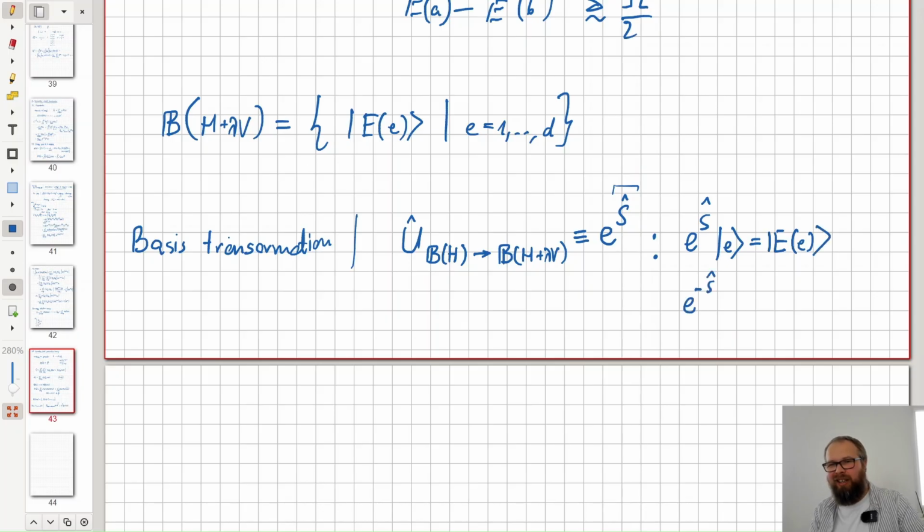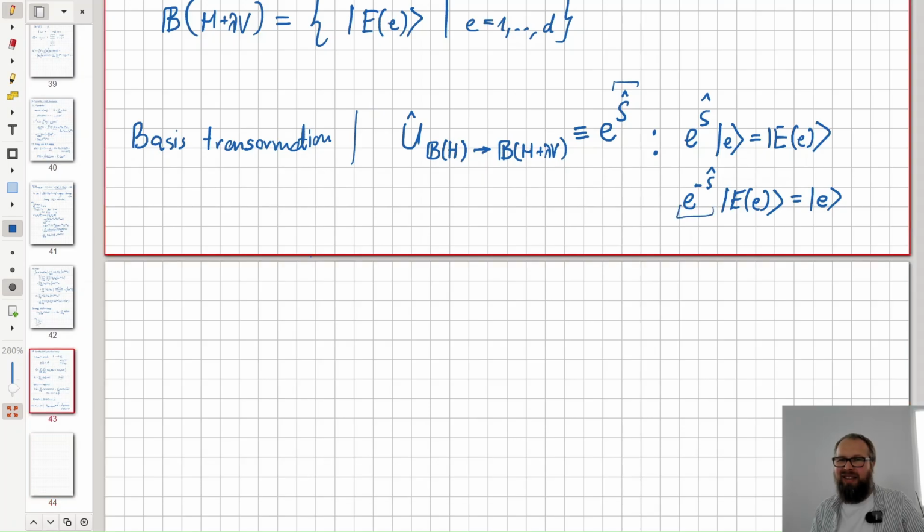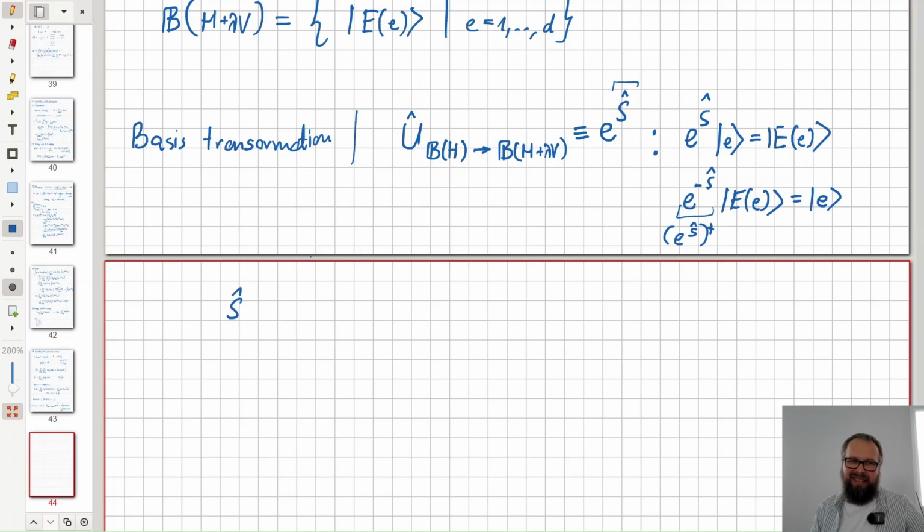And the inverse transformation takes us back. And you might be a bit suspicious: how come this guy is the dagger of this? Because S is anti-Hermitian. S dagger is minus S, okay? We could also go for a Hermitian generator, some G that is Hermitian.